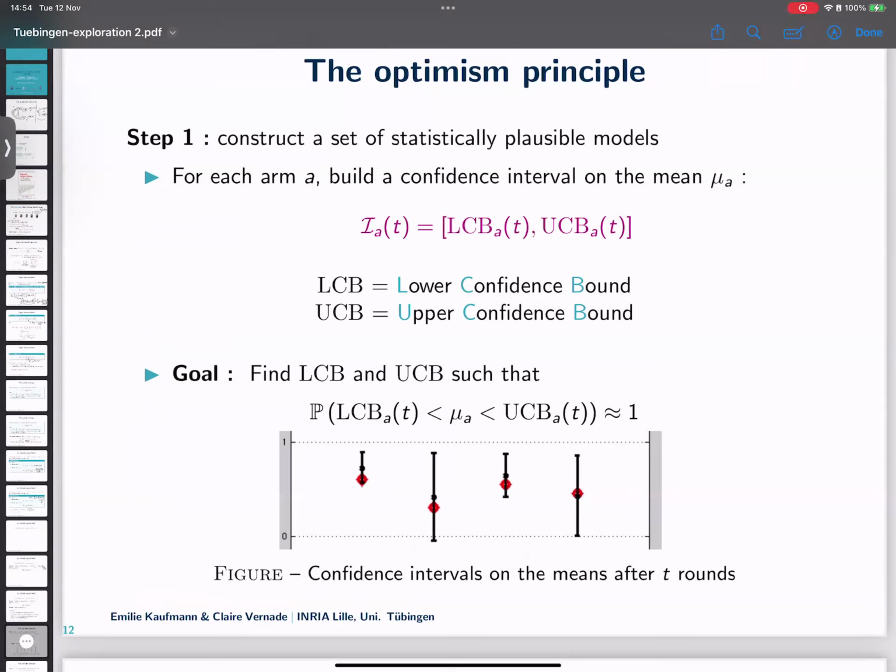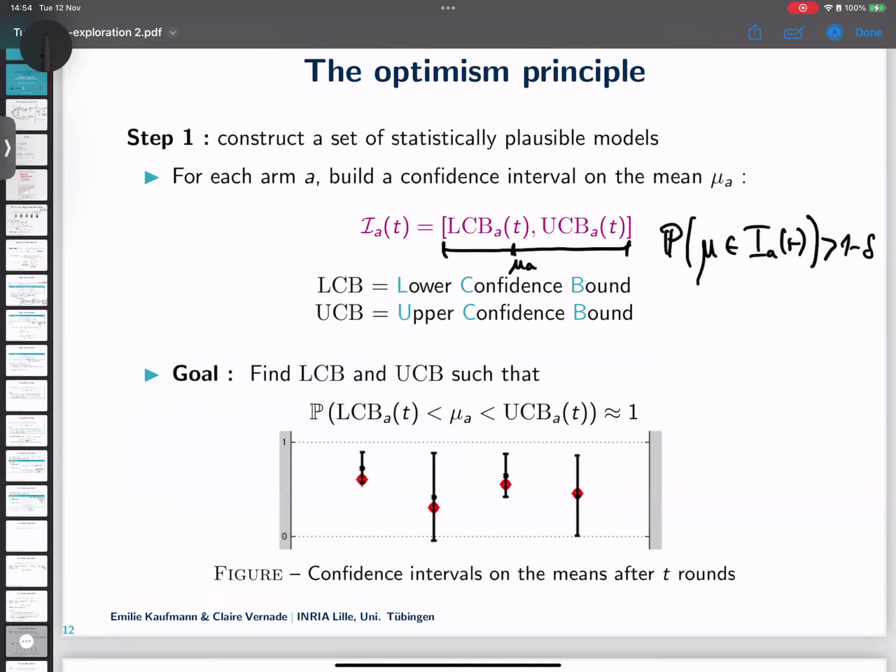In general, a confidence interval is an interval in which we know the true mean of the arm we're trying to estimate lies, and we want the probability that the true mean belongs to this interval to be very close to 1.